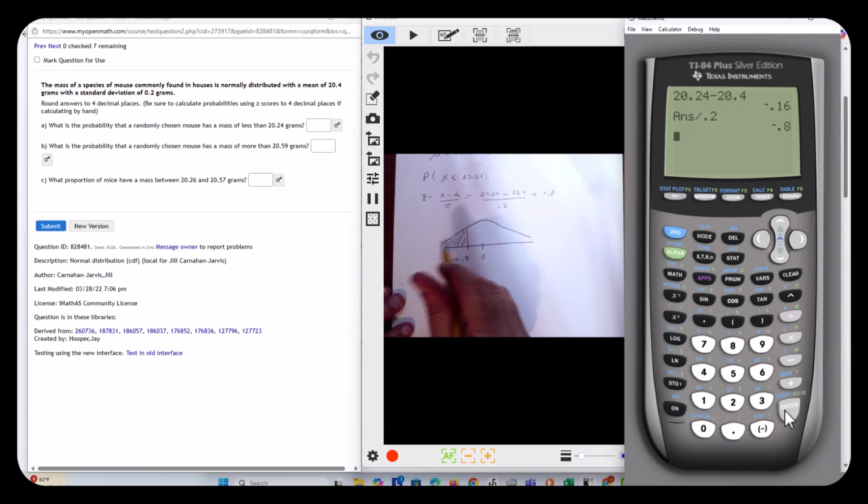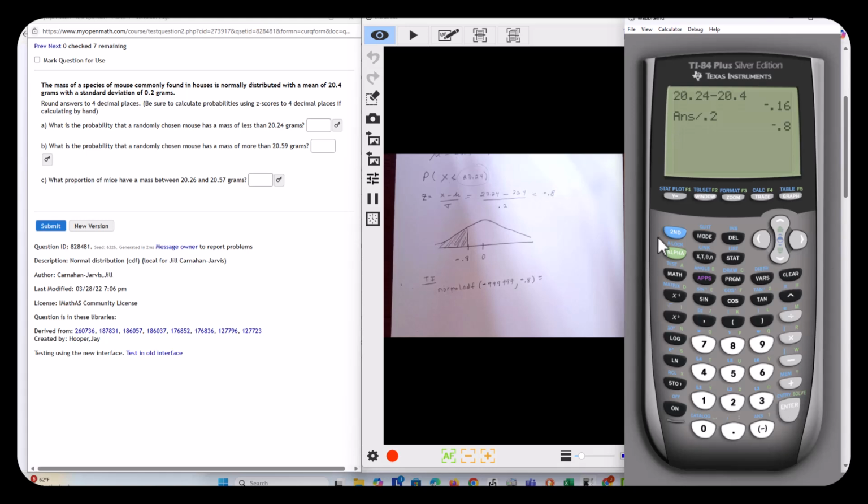And remember that this is an infinite line, so in general we would do negative 999,999, comma, negative 0.8 to get the area that corresponds to the probability.